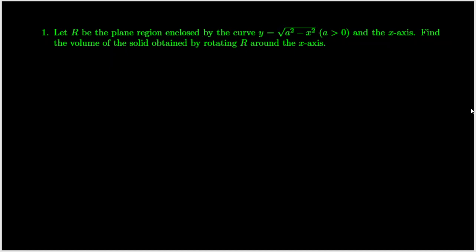Let's say a value of 2, so the curve becomes y equals 4 minus x squared. If you can do that, then the general case is easy too, right? So it's less abstract.